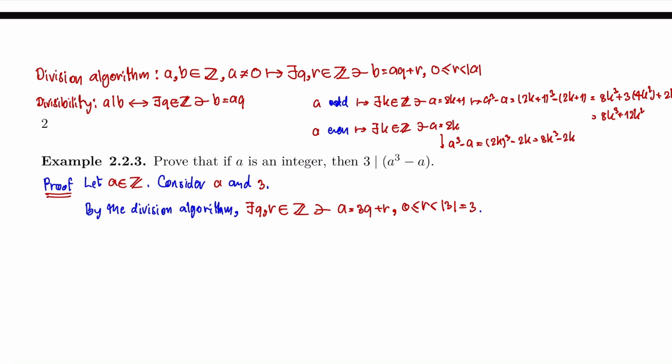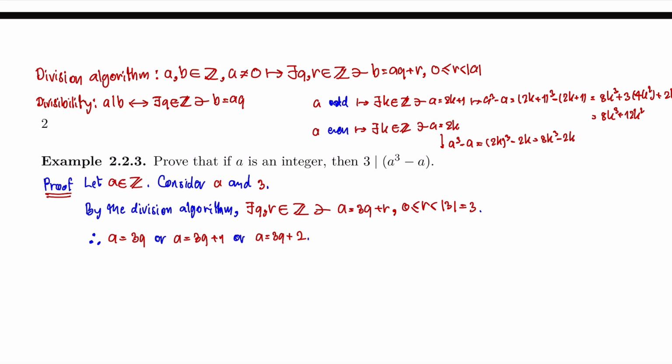All right, so what do we have right here? We have a equals 3q in the case where r is 0, or a equals 3q plus 1, or a equals 3q plus 2.